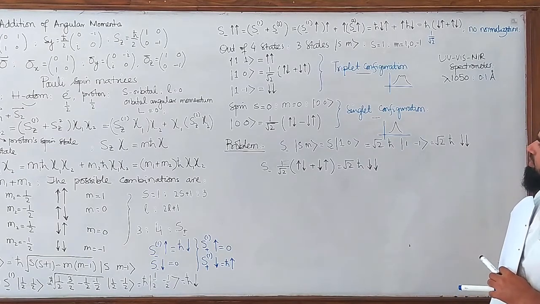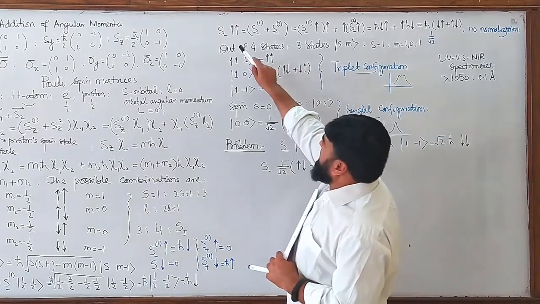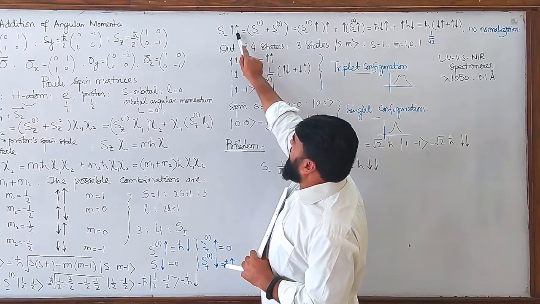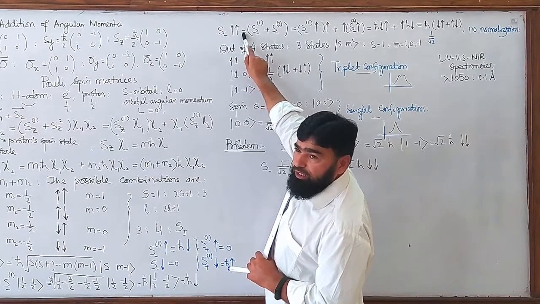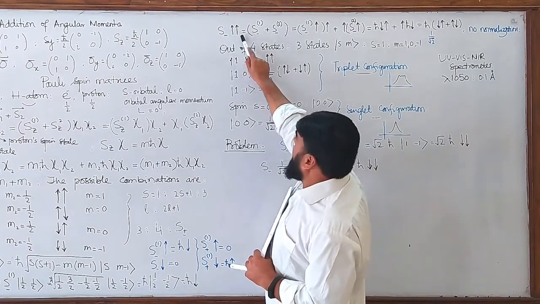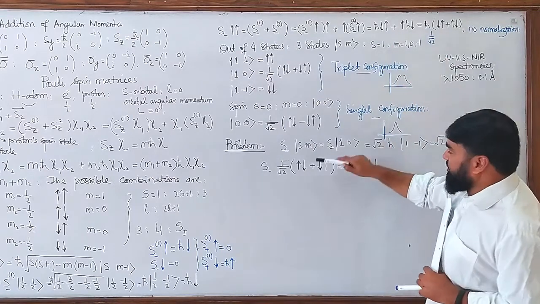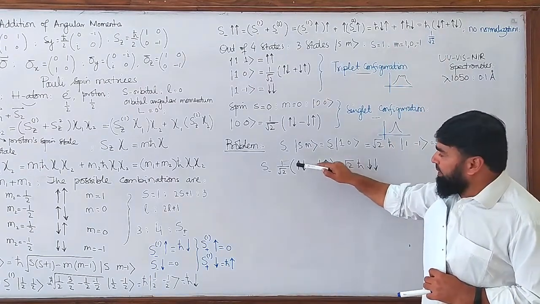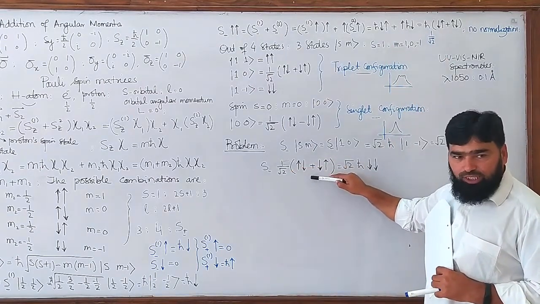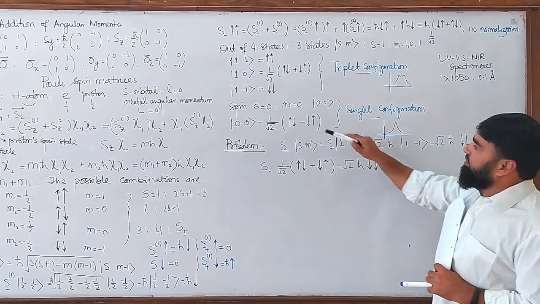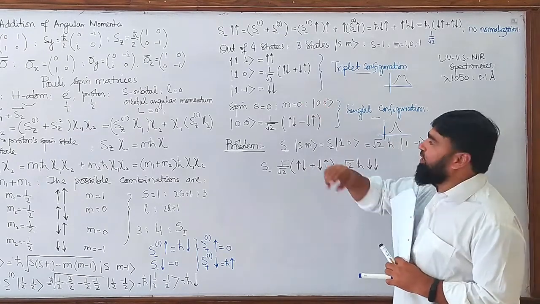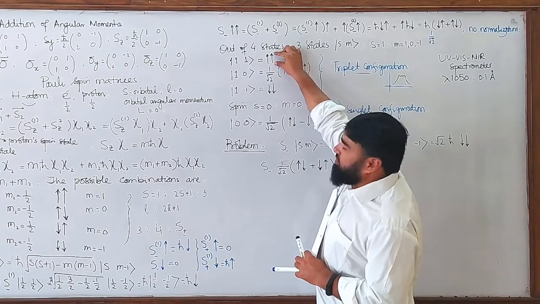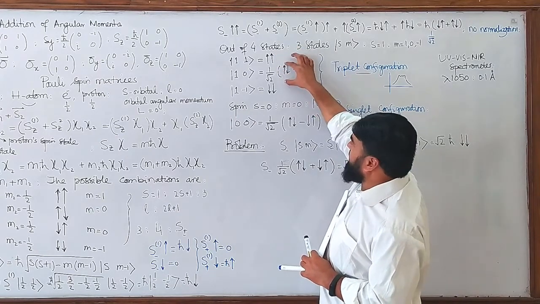Earlier, you applied S minus on this state, 2 up, and it converted into this state. When you applied S minus on this state, you converted it further down. So look here: you applied S minus on this one, you got this state.